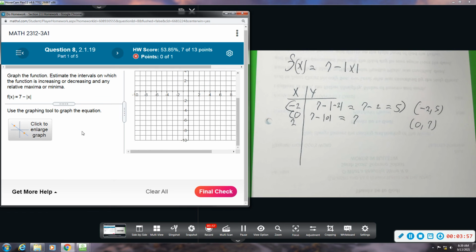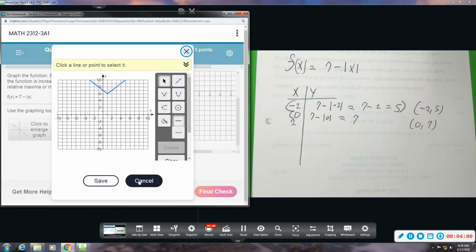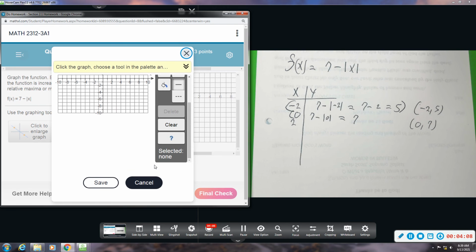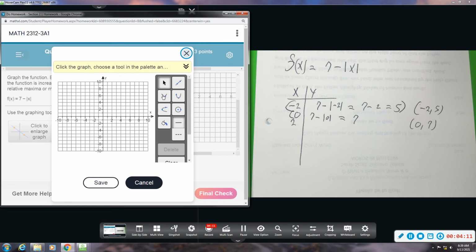We're going to go ahead and enlarge this graph. I guess I tried to do it before. Let me clear. And then we're going to tell it we want an absolute value graph.